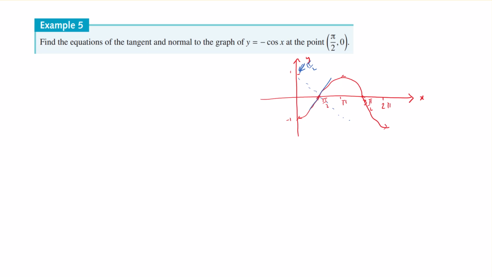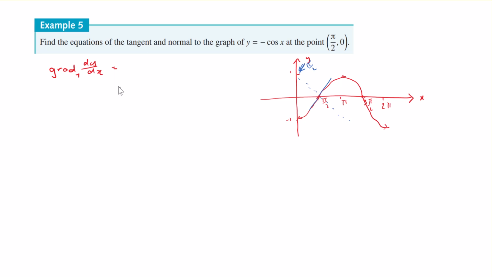So first of all, the point is (π/2, 0). Let's get the gradient. The gradient of the tangent is dy/dx, and that's equal to the derivative of negative cos x.